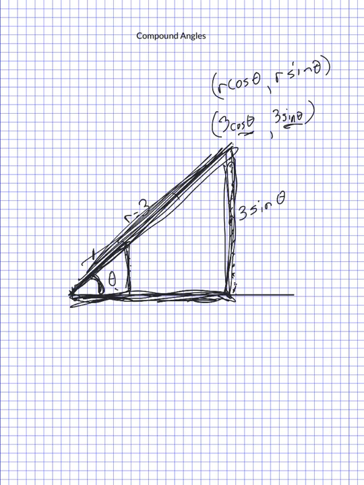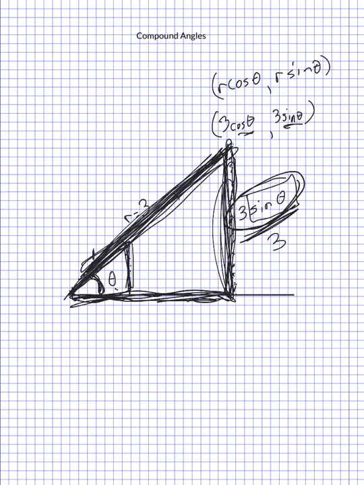Okay, and so we can say that the sine of theta is just this divided by r. Right? So it's whatever the height is at the end of your angle divided by the actual radius, which will give you this height right here, divided by 3, which will give you that height, which we know is a sine of theta.